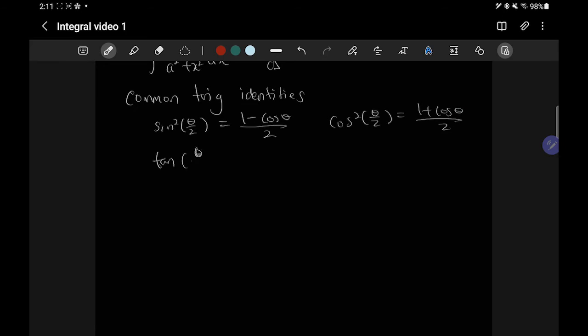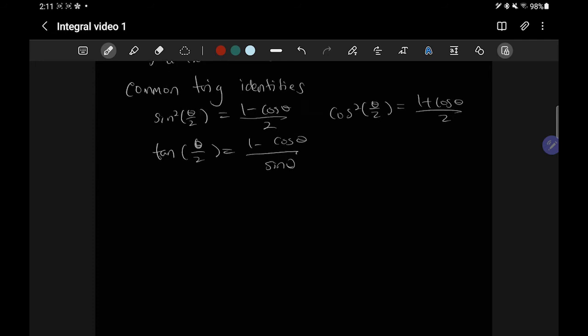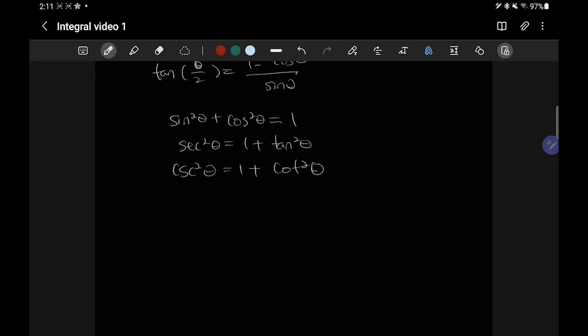Tangent of theta over 2 equals 1 minus cosine theta over sine theta. Sine squared theta plus cosine squared theta equals 1. Secant squared theta equals 1 plus tangent squared theta. Cosecant squared theta equals 1 plus cotangent squared theta.